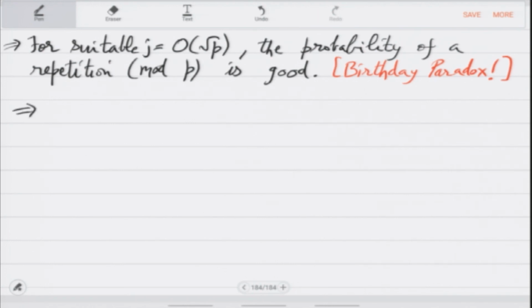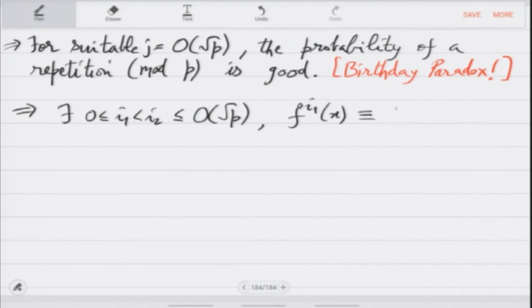So this means that there exist i1, i2 at most square root p such that f applied i1 times is the same as f applied i2 times mod p.